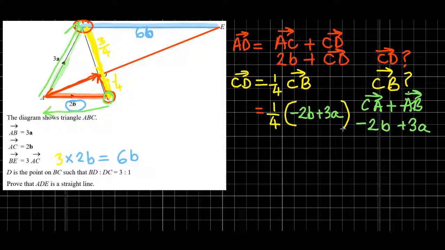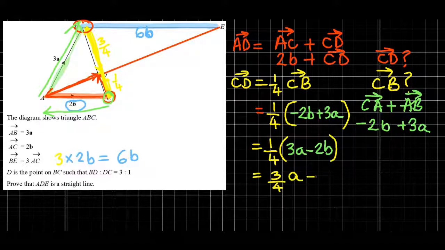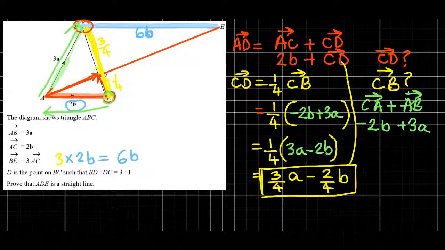Normally we prefer the positive to come first, so we prefer 3a minus 2b. A quarter of 3a will give us 3/4 a minus 2/4 of b. Once we've worked out what that is, remember this is C to D, and that's going to be replaced by this.